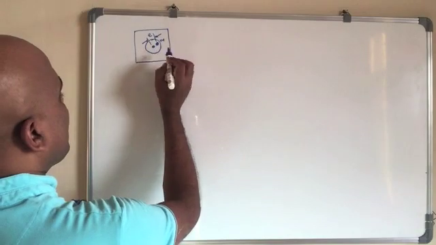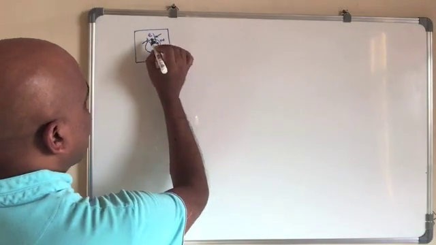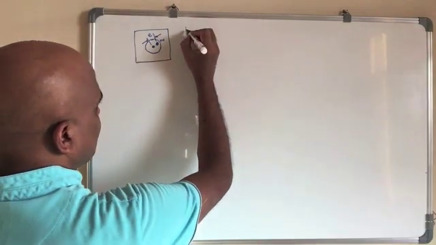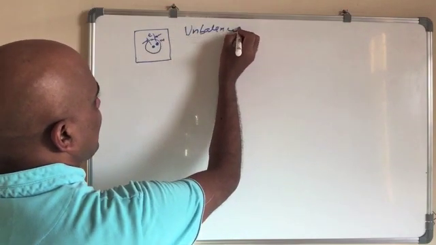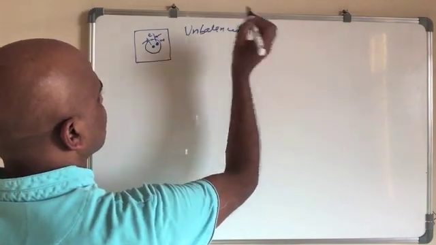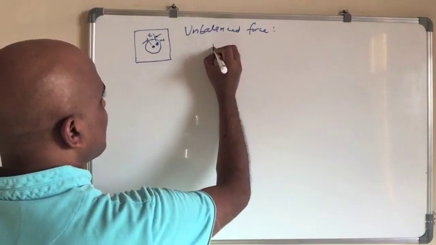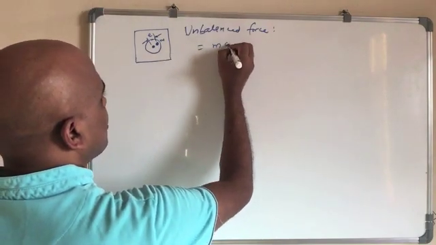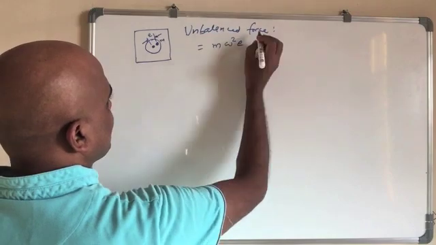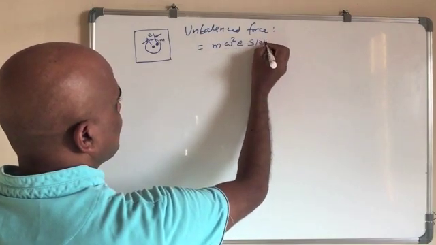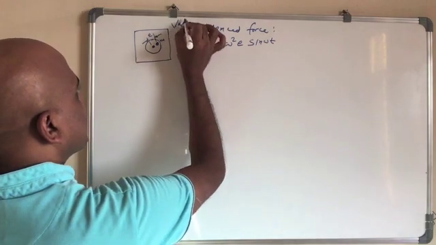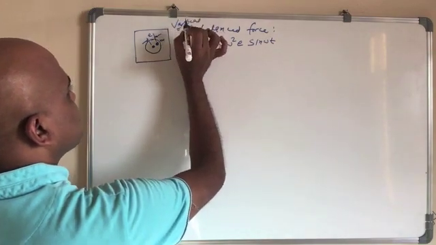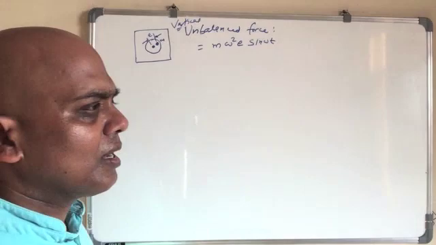The value of the unbalanced force will be equal to m omega square epsilon sine omega t. We are talking about the vertical one, so the vertical unbalanced force in this case.